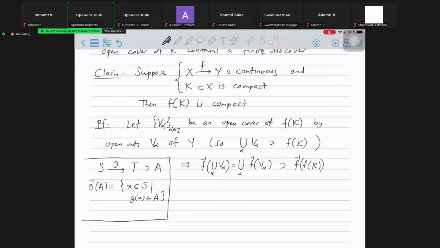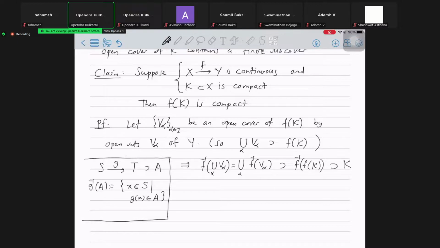Coming back to it, if f is the constant function, then what is f inverse of f of K? It's all of X, right? But it doesn't really matter. The point is that certainly the inverse image of f of K will contain all of K. So this contains K. Anyway, what is the upshot?